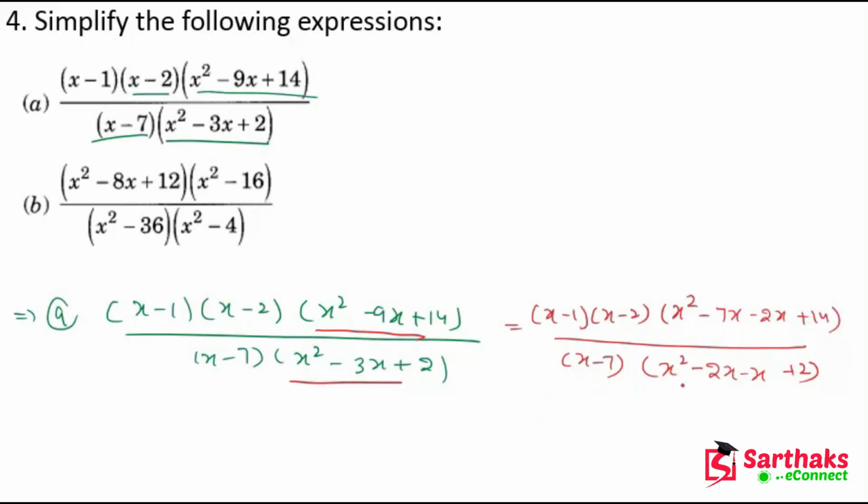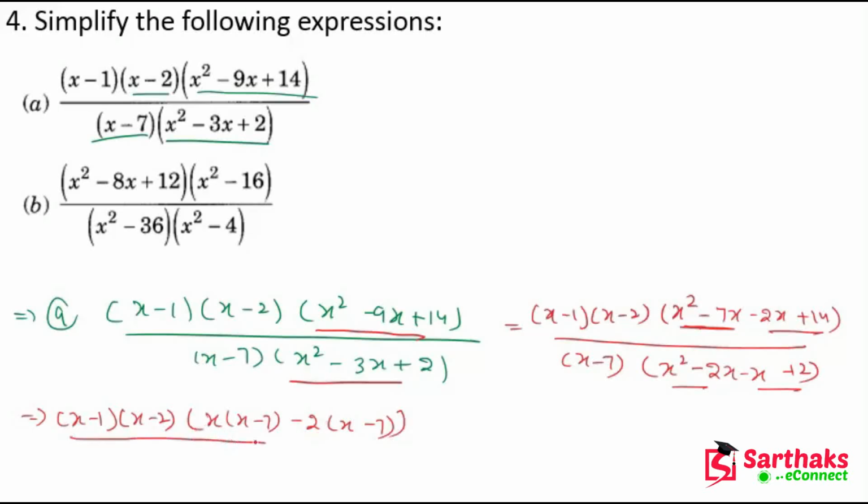Understand, my dear friends? Now we make groups of these two terms and these two terms, and similarly of these two terms and these two terms. So we get x minus 1 into x minus 2 into x into x minus 7, and we can take minus 2 as a common factor, we get x minus 7.